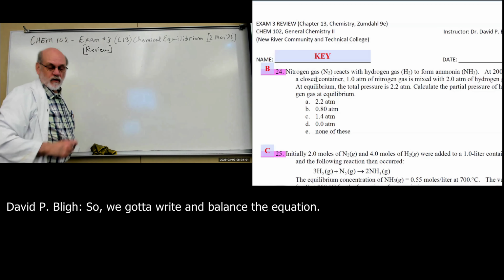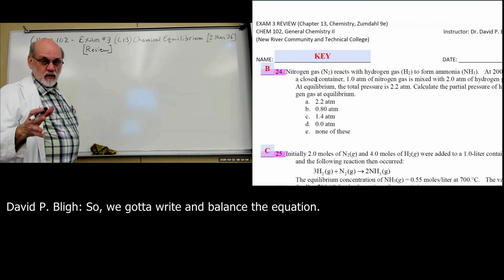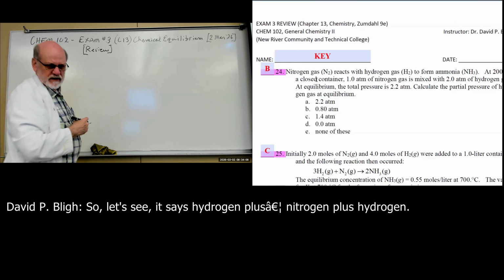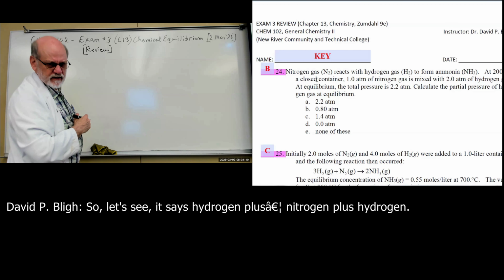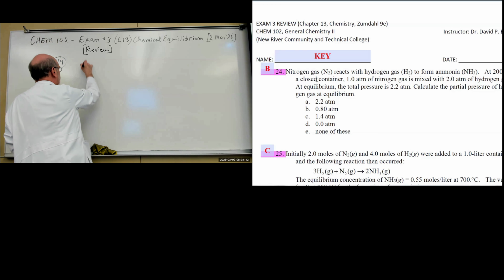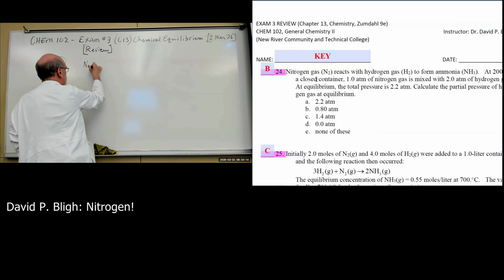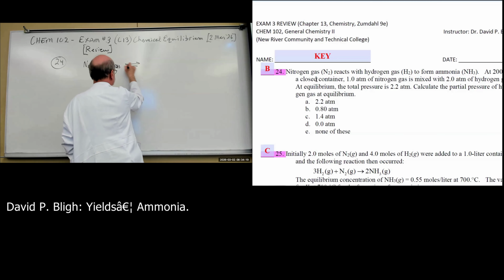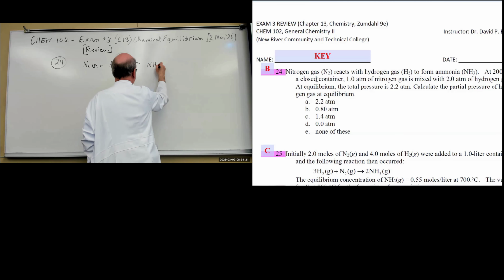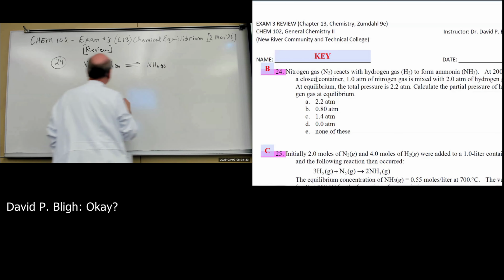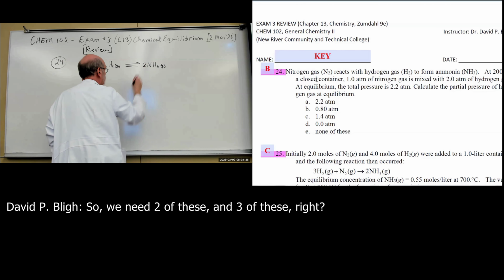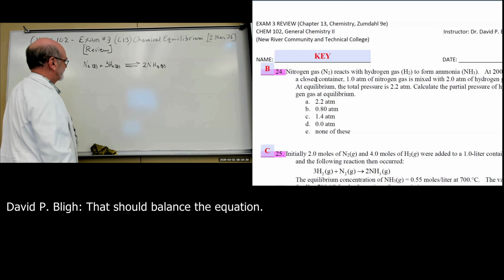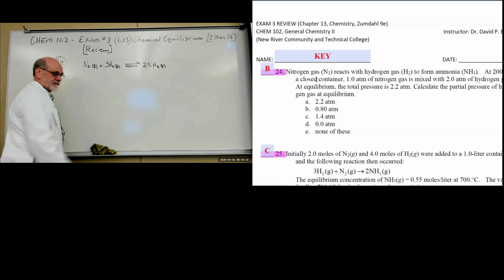Okay, so we got to write and balance the equation before we can set up our ice table. So let's see, it says nitrogen plus hydrogen yields ammonia. Okay, so we need 2 of these and 3 of these, right? That should balance the equation.